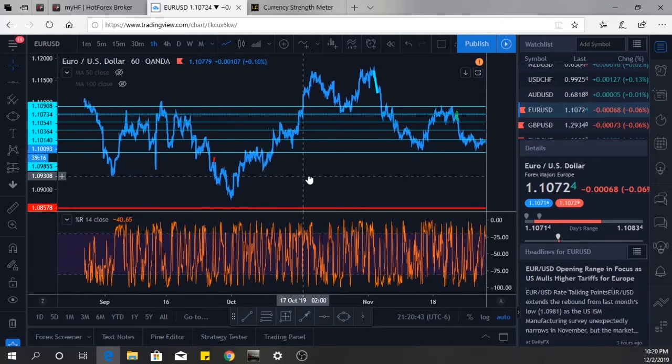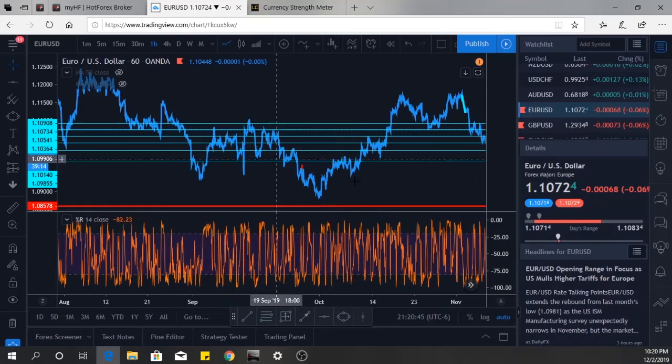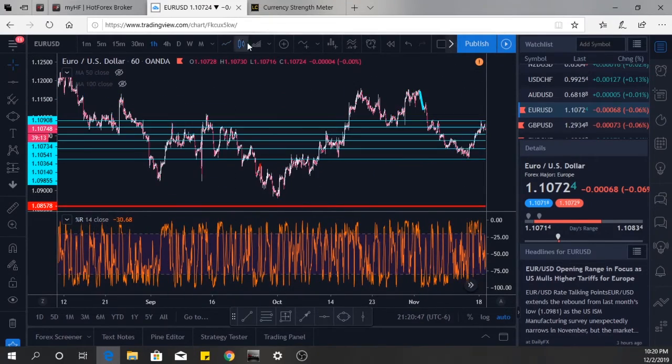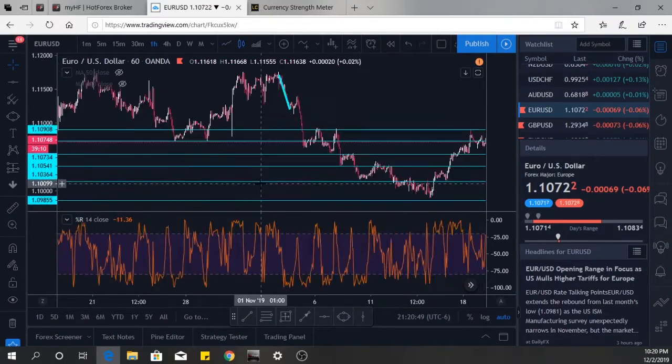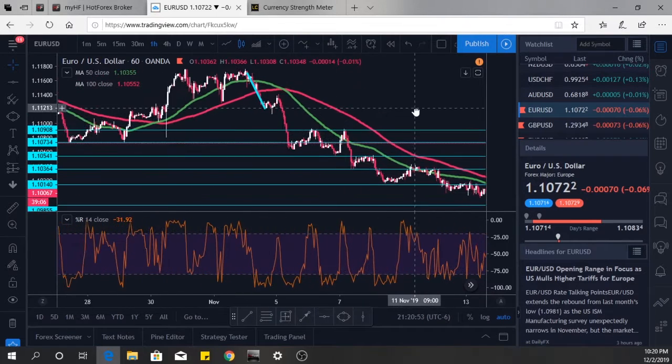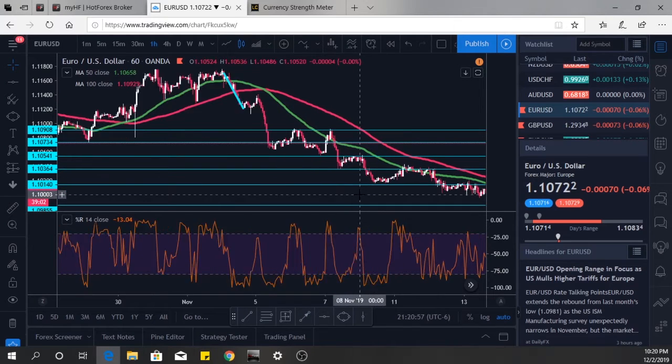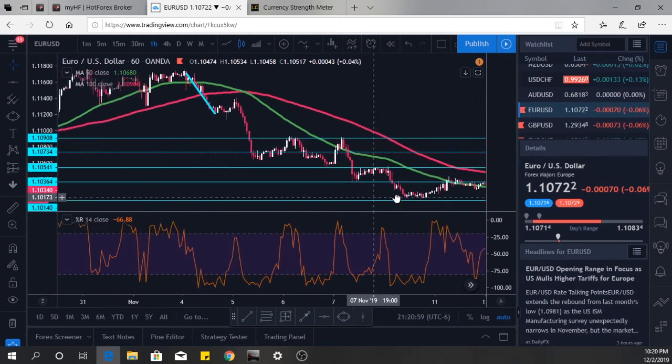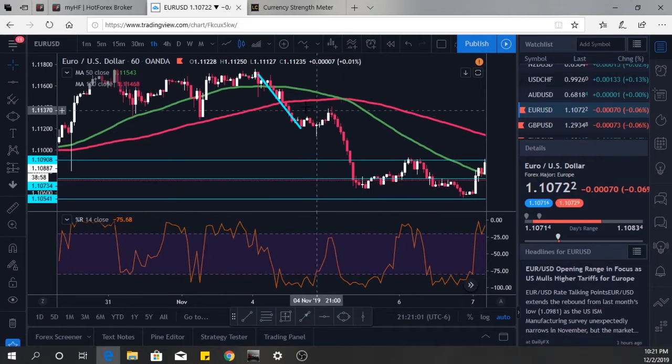Alright. Now I'm going to place the 100 and the 50 MA back on the graph. Now, as you can see, let me see here.